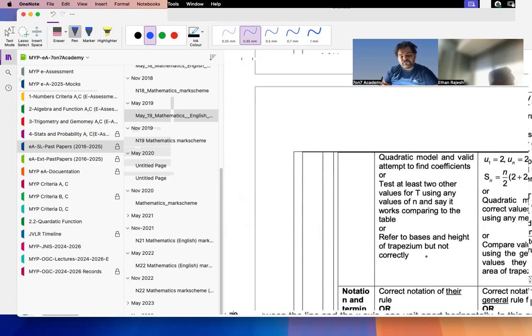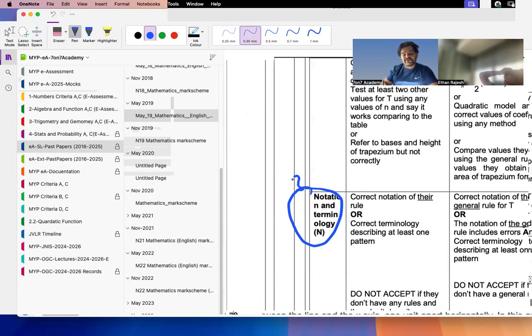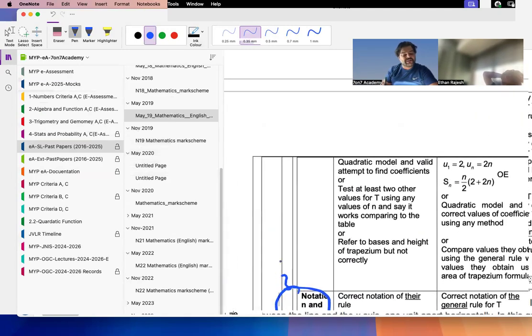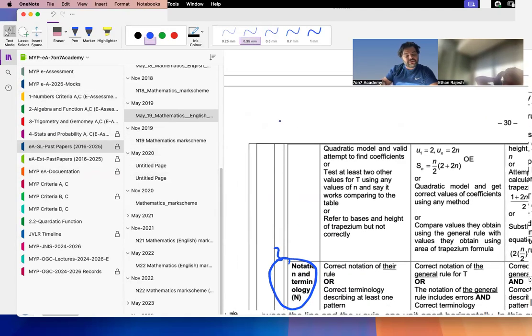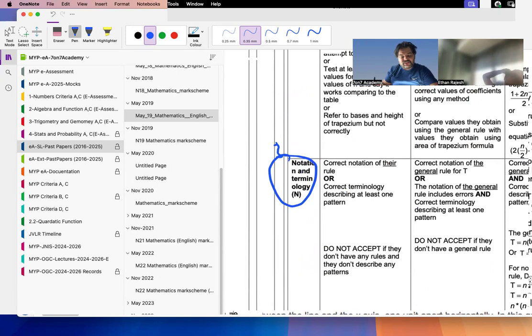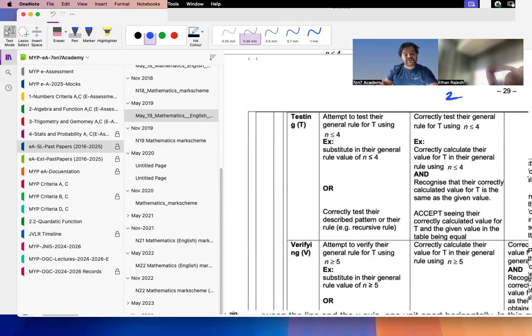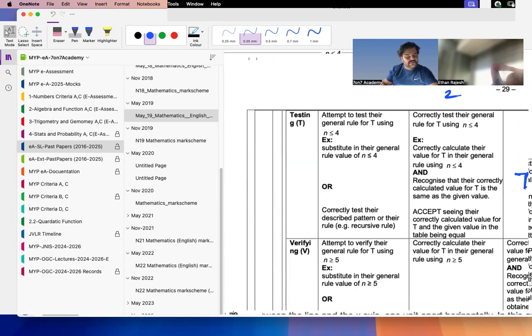One more thing is notation. While writing, there are 3 communication marks. Criteria C is always added with criteria B. That question was 31 marks, and out of that, communication marks were 3. If you miss symbols, for example you write Tn in place of T, that will not be considered, because for the trapezium's area they assumed T, not Tn.